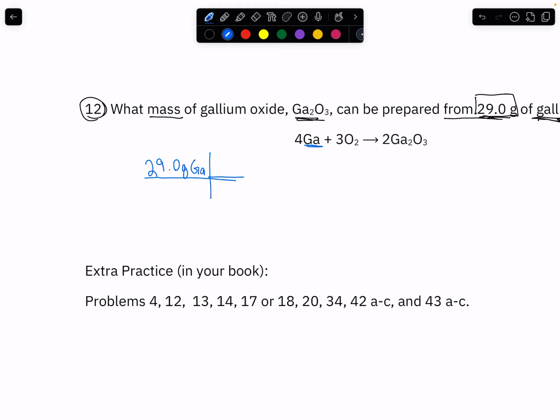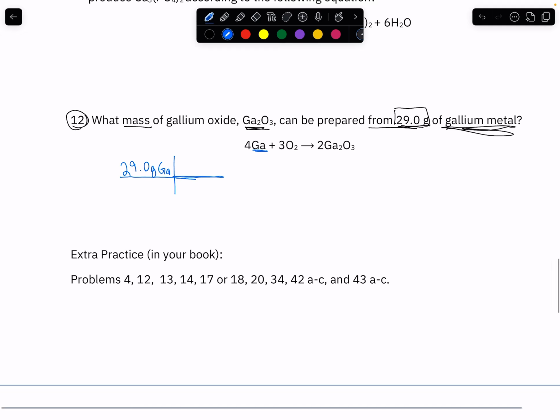From that, I want to use the molar mass of gallium, which you can find on the periodic table. I'm going to search it up really fast.